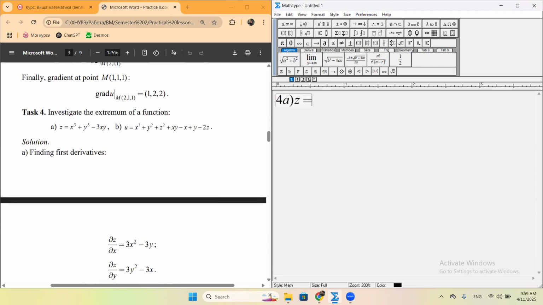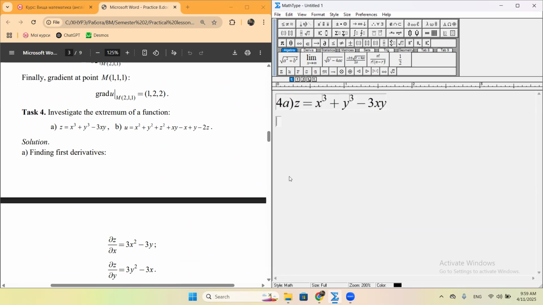So z equals x cubed plus y cubed minus 3xy. So we need to investigate this function, so the extremum of this function.